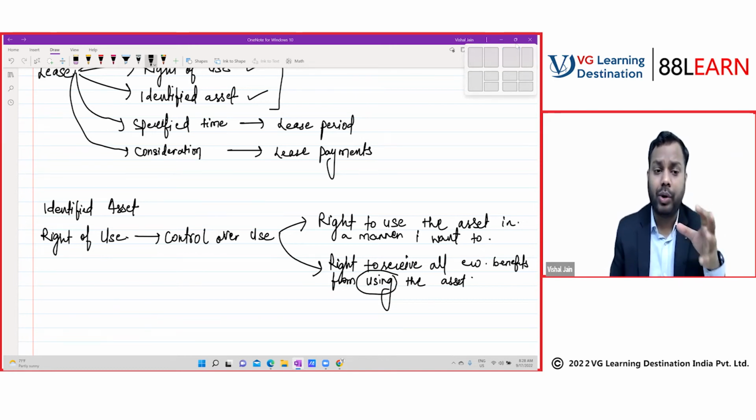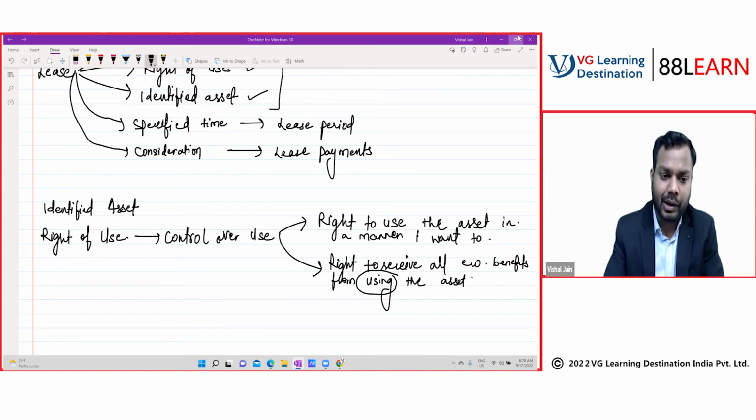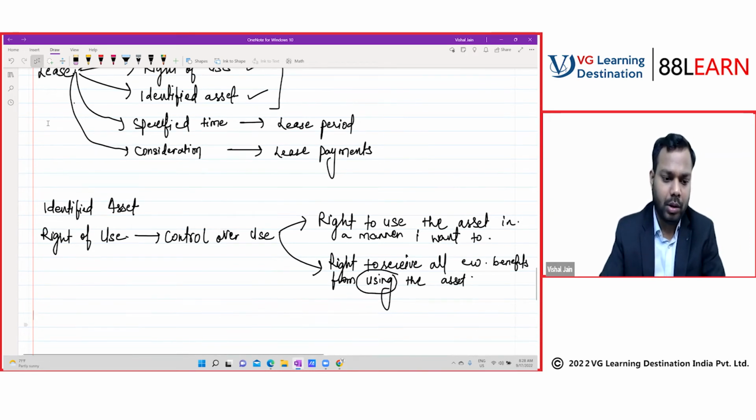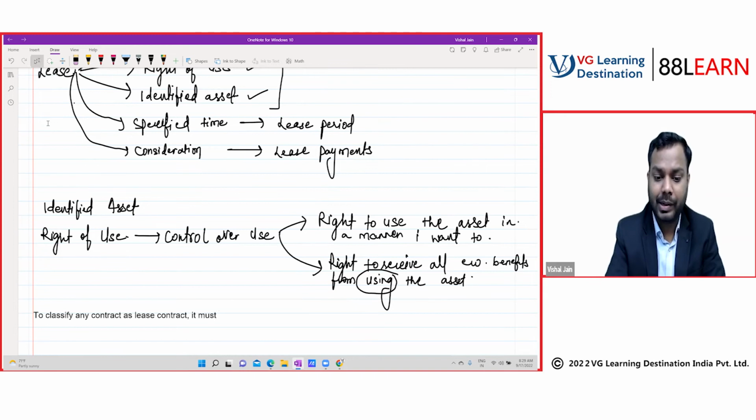So now, to give you a crux of it, just give me a minute, please. To classify any contract as a lease contract, it must satisfy all the below conditions.